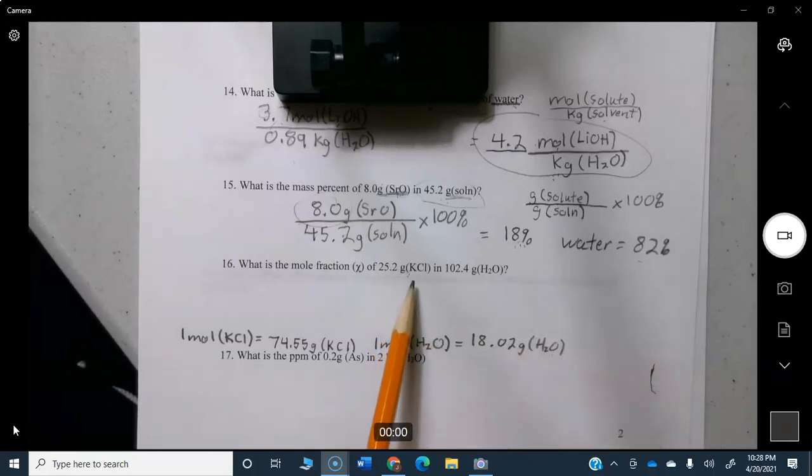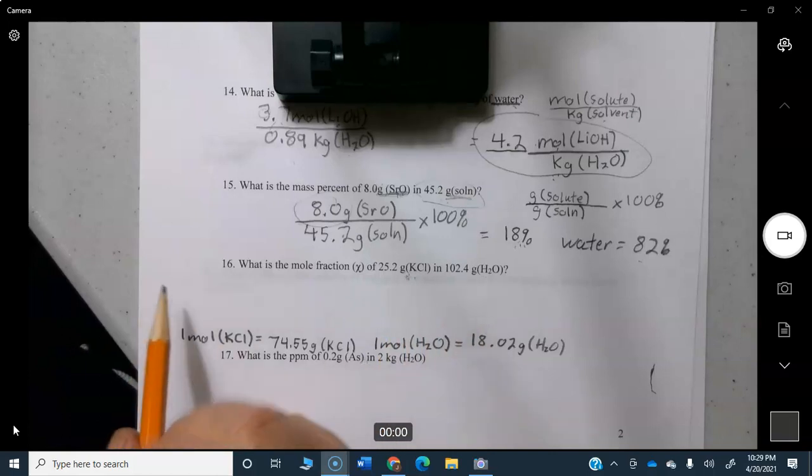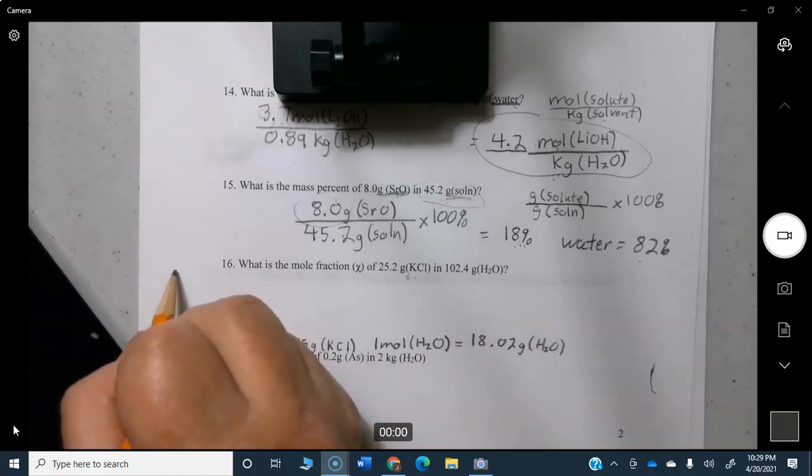Okay, so those are our molar masses. Now we need to convert each of these into moles. So KCl into moles, and then we got to convert water into moles. So let's do KCl first. We've got to use our space wisely here.